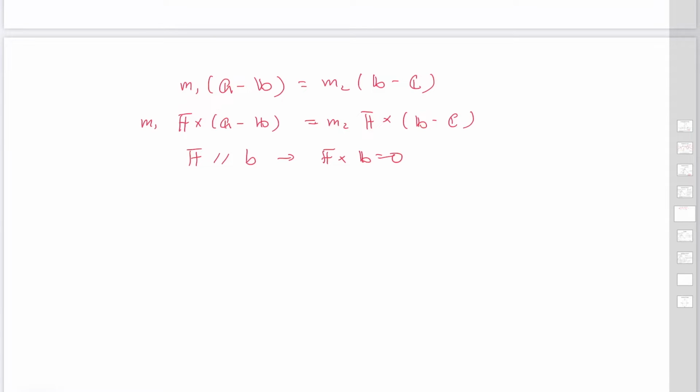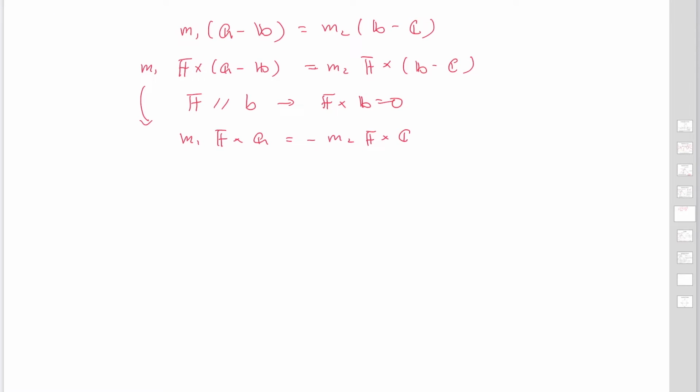So from these equations, you can find that m sub 1 F cross A equals minus m sub 2 F cross C. Then for the equilibrium point, F has to be equal to minus F sub 1 minus F sub 2.